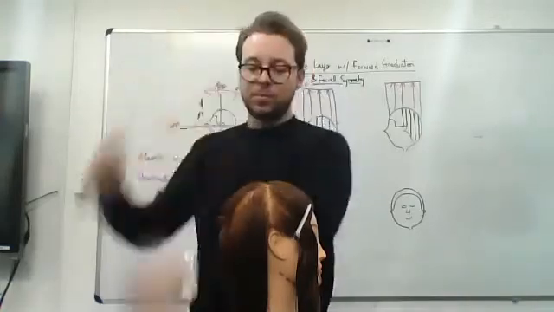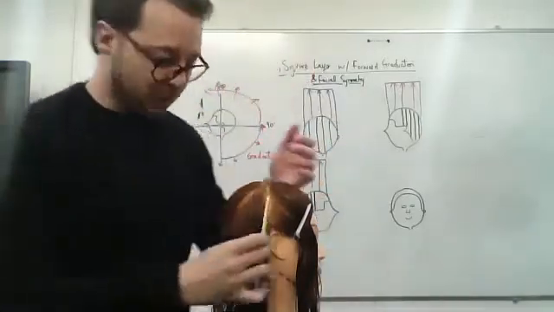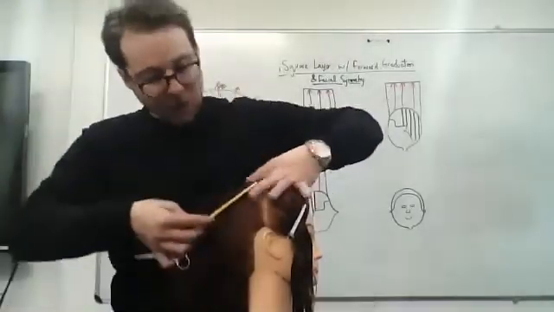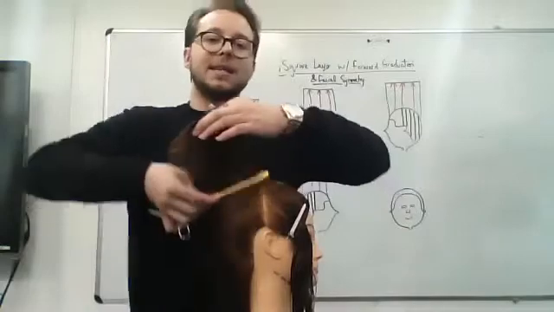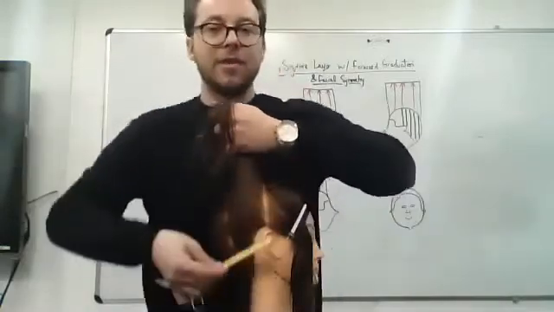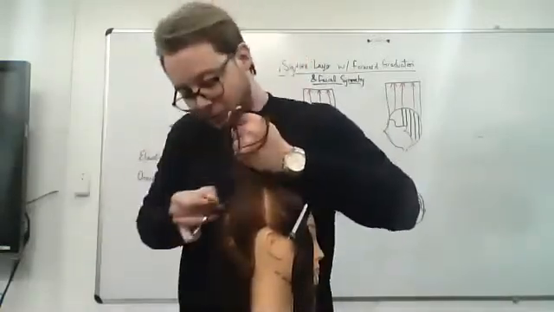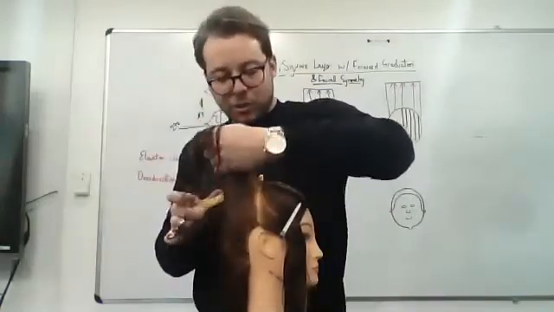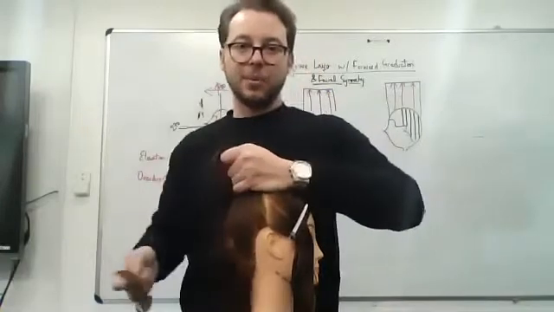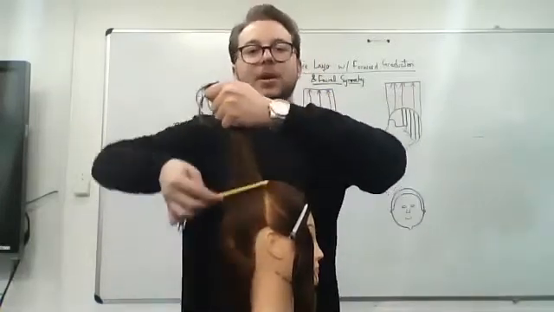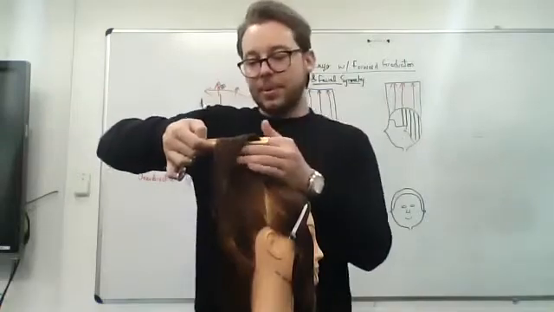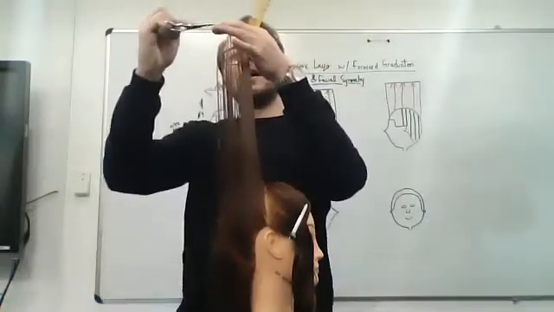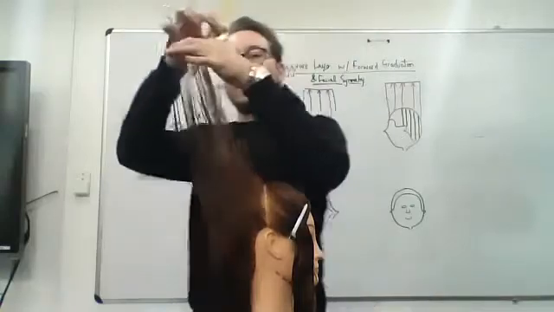That's why we work on sectioning first of all, and we work on blow drying and styling, because you start to get used to holding things in the same hand and then transferring things from different hands, which is really important in hairdressing. But don't worry too much if you don't feel comfortable with it now. You will start to feel comfortable quite soon. So again, we lift everything up to 180 degrees, and we're going to run our line.